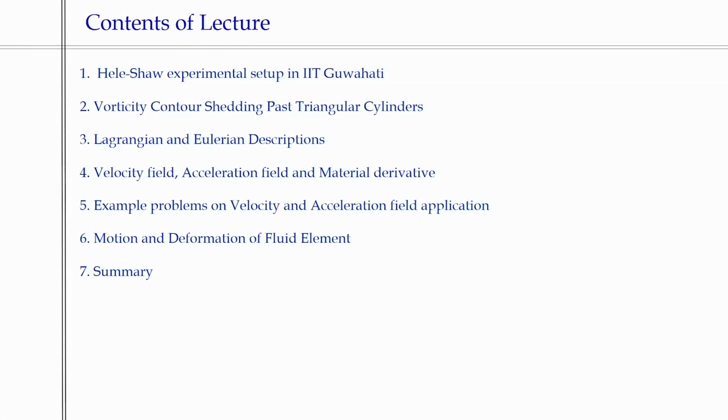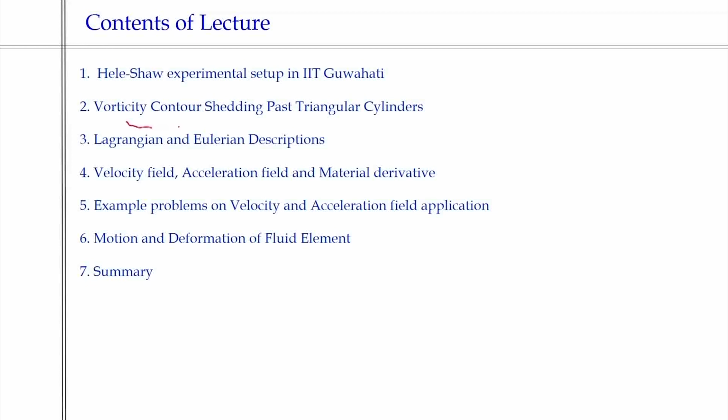I will start with the experimental setup, which is called the Hele-Shaw experimental setup, to draw the streamlines, the streak lines, the path lines, the flow past different types of objects. Then I will talk about one example problem, where CFD solvers use vorticity contour shading, first for triangular cylinders. Then we will describe the Lagrangian and the Eulerian frames. And as I said earlier, when you talk about fluid flow problems, we talk about three fields: the velocity field, pressure field and the acceleration field.